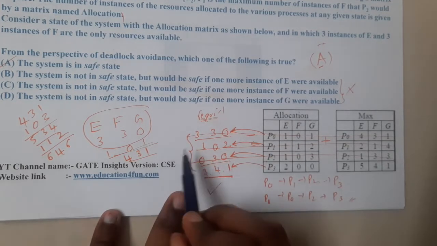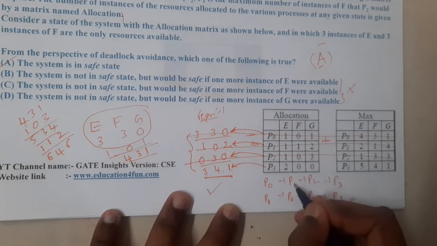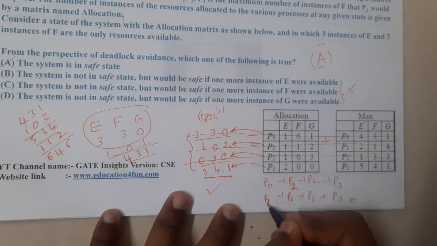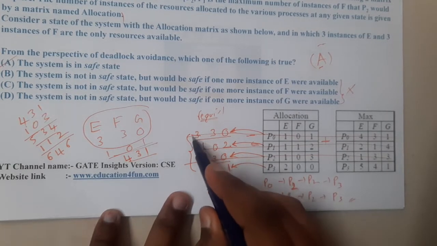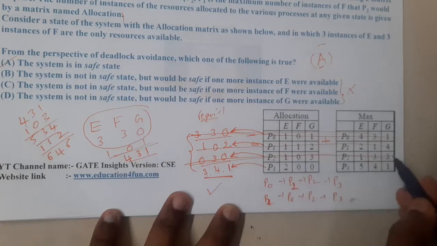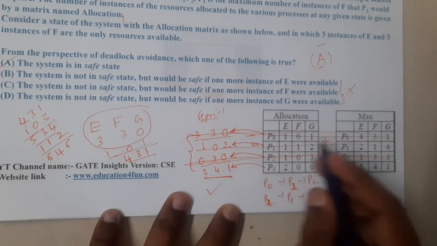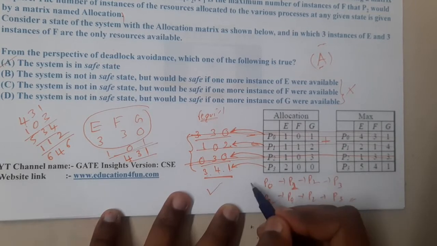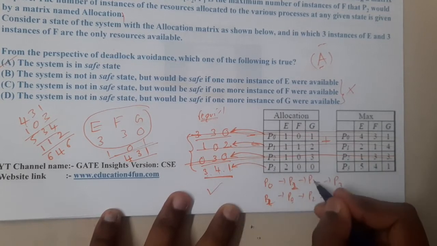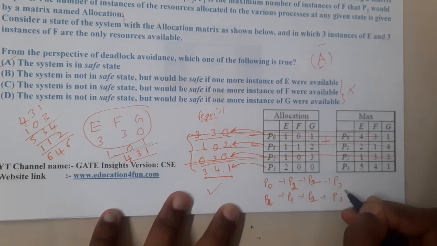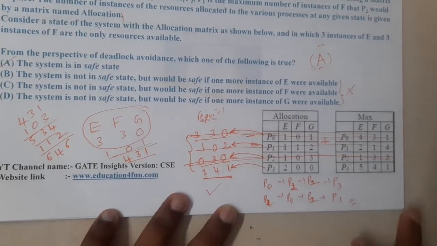In one case, it is P2, that's the only change. So first I can execute P0 or P2, that is P0 P2 or P2 P0. Then we executed P1, and after that we executed P3. So these are the exact two sequences, right?